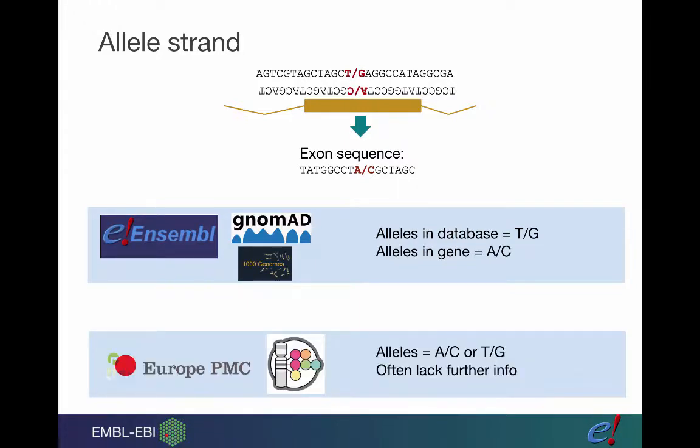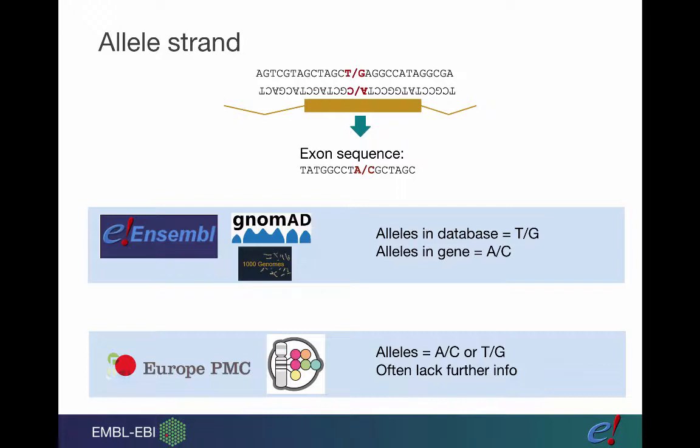Once you start looking in the literature and in databases which are curated directly from the literature, you may find that they don't refer to a particular allele. They will do whichever they prefer. And this could be because they're talking about a gene on the reverse strand, or it could be the method of sequencing that they used.